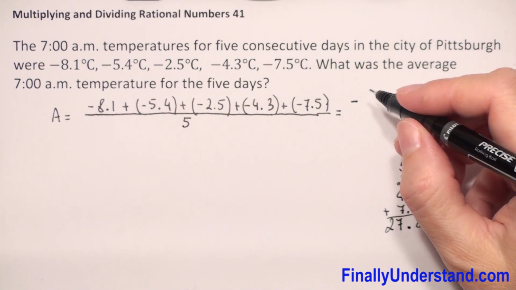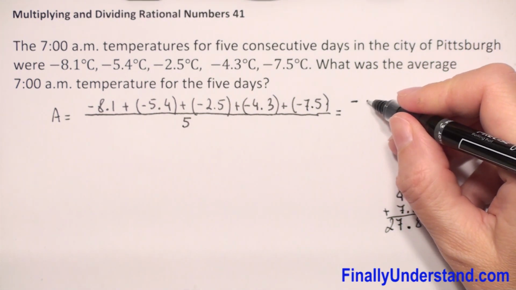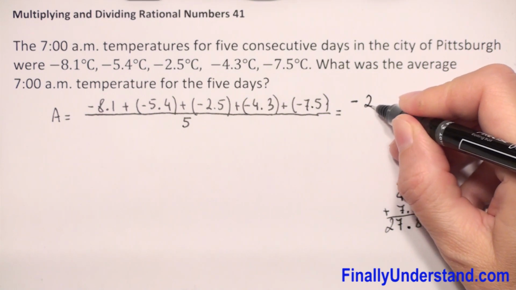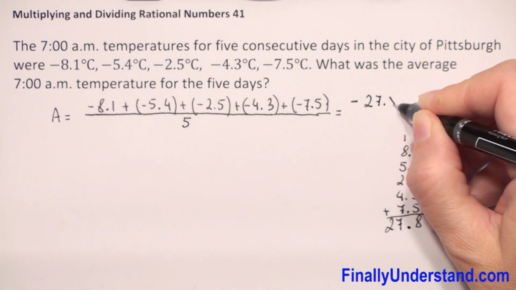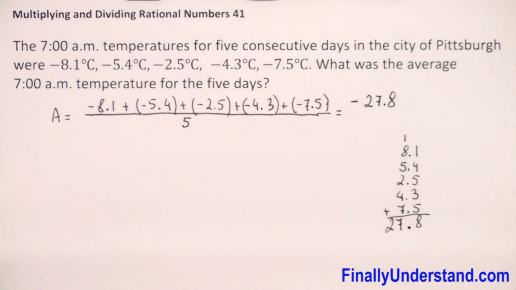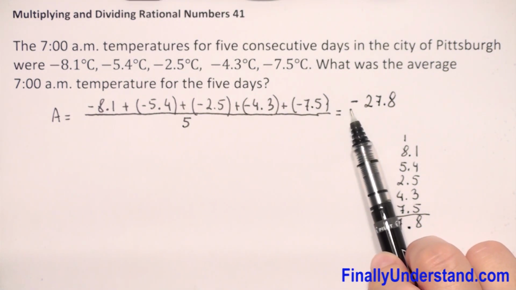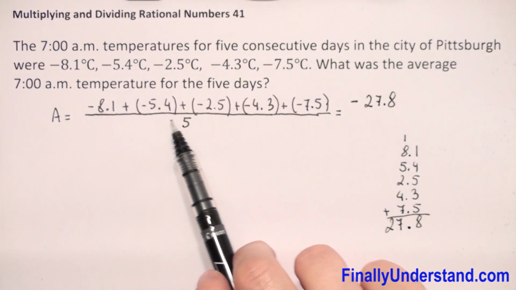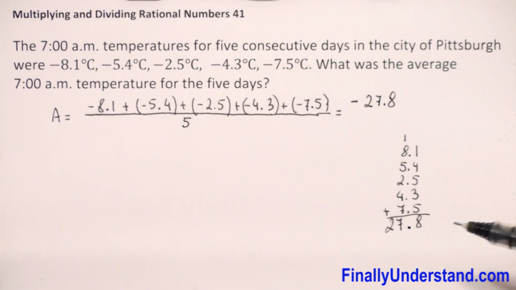So in the numerator we will have negative 27.8. Why negative sign? Because all of these numbers were negative. So we copy the negative sign and we add all 5 numbers.